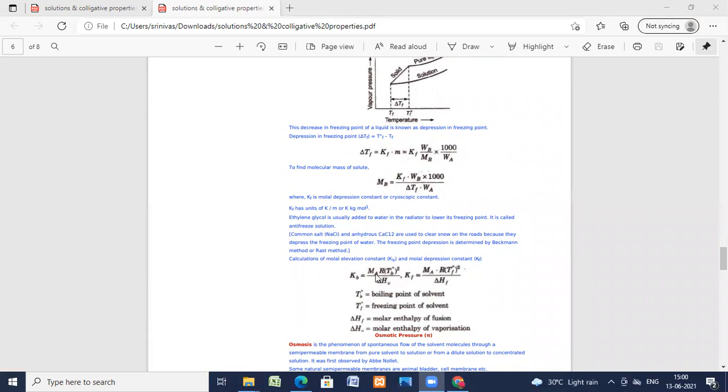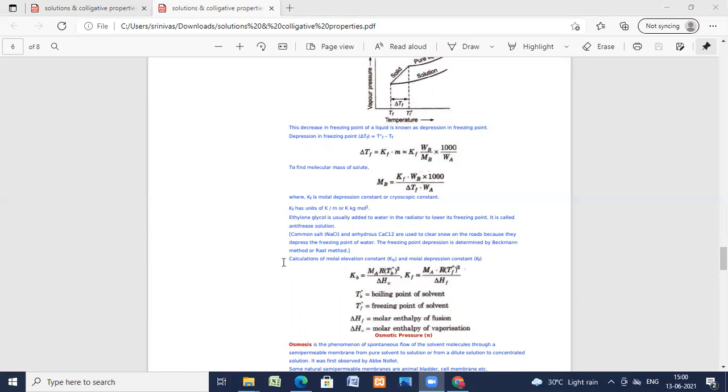Previously I didn't give you the Kb value; now it's given, along with the Kf value. So the molal depression freezing constant value is this one, and the molal elevation constant is this one. Hv is for vaporization, and Hf is for fusion, freezing.